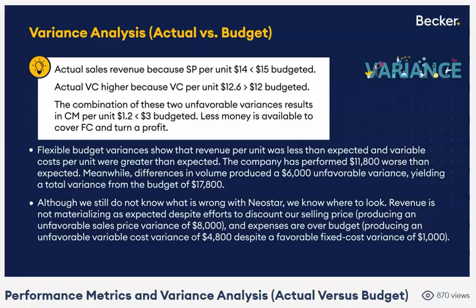And then obviously the goal is to make a profit. Not only do you want to cover your fixed costs, you want to turn a profit. So even though our fixed cost variance was favorable, we still had a loss because our contribution margin per unit was so low. And that was a combination of a lower selling price per unit and a higher variable cost per unit. And then that was compounded by the lower volume sold, okay?